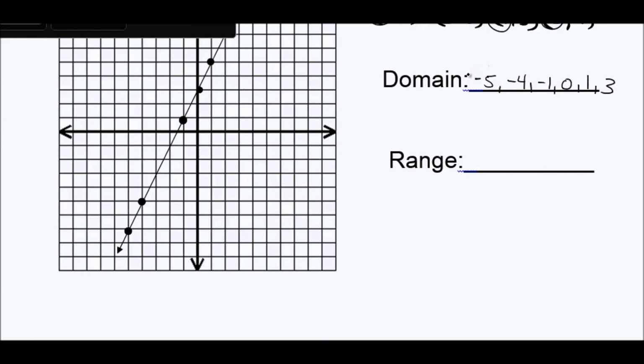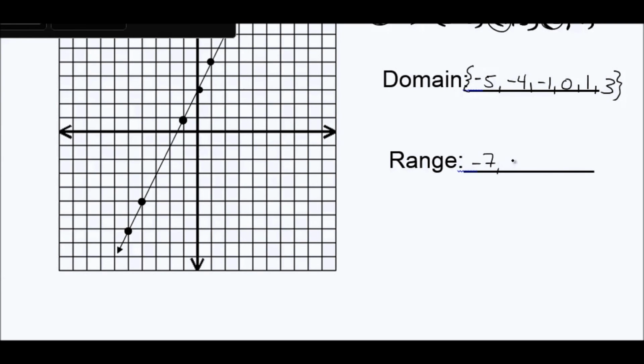And you enclose your domain. In algebra, we enclose it with curly brackets. Don't worry if you can't make your curly bracket perfect. Only teachers can. A lot of practice. Your range, well, if your domain are all your x coordinates, then your range will be your y coordinates.